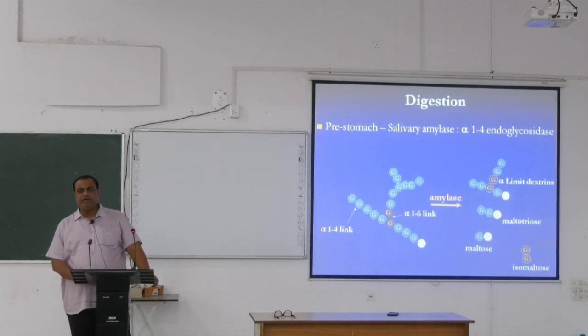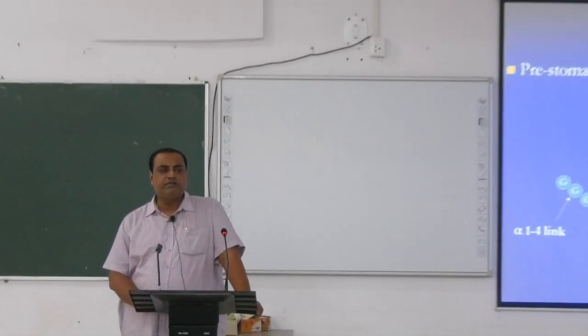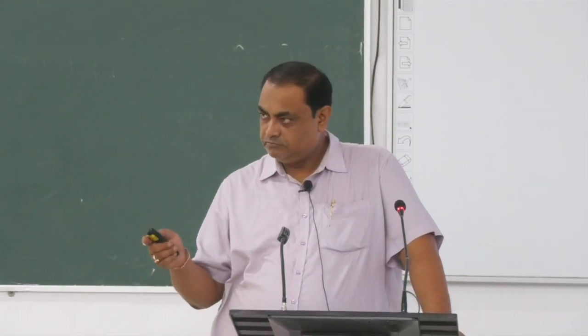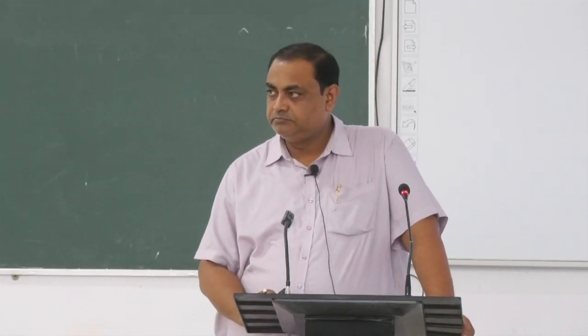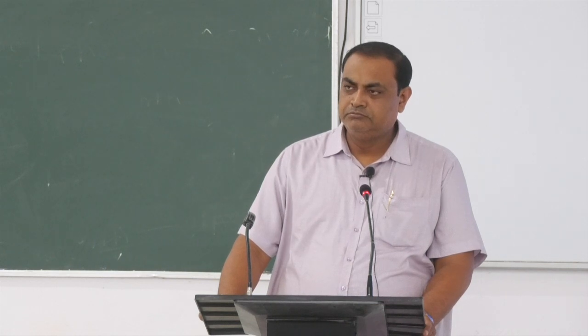Why do we have glycogen in the shape of glycogen? Why not in the shape of starch? Right?